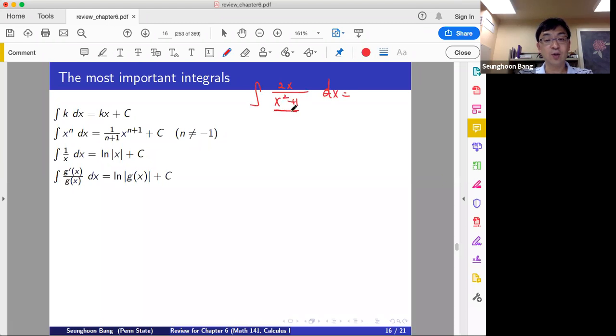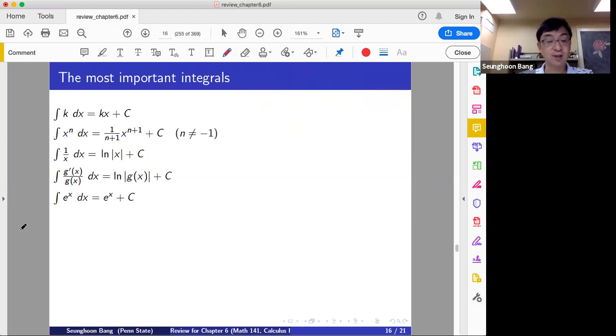So x squared plus 1 is g of x, and 2x is g prime of x. Exactly. ln of the absolute value of x squared plus 1, plus c. One more thing: x squared plus 1 is always a positive number. In this case, we don't need the absolute value sign, you can change to parentheses. It doesn't matter. It's the idea of using this rule.